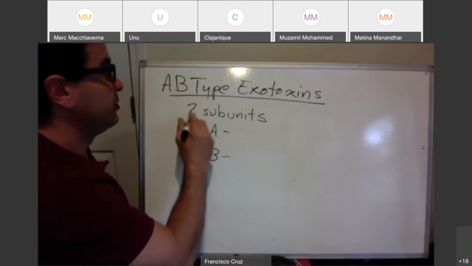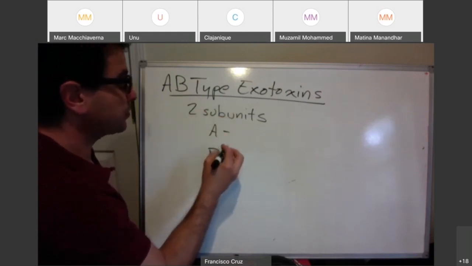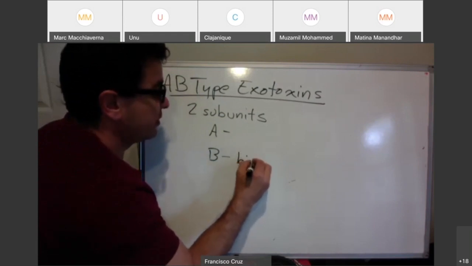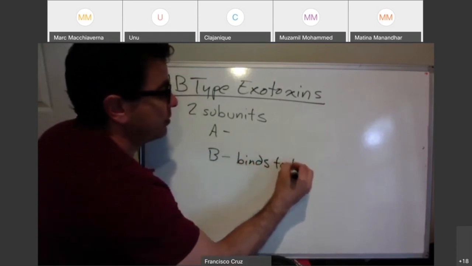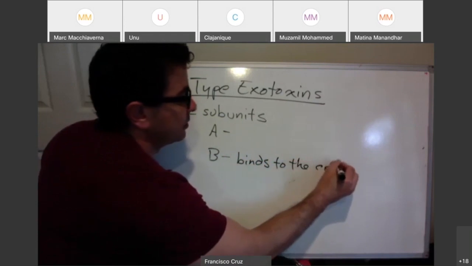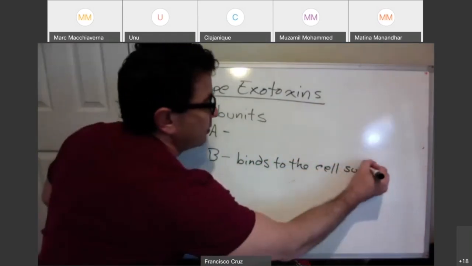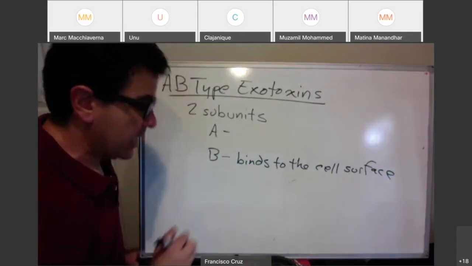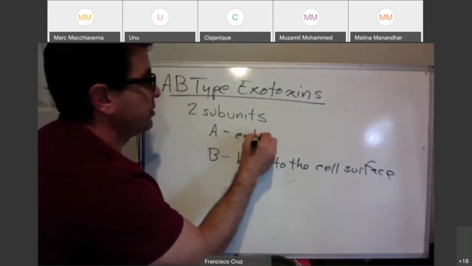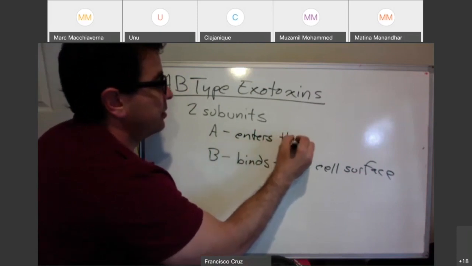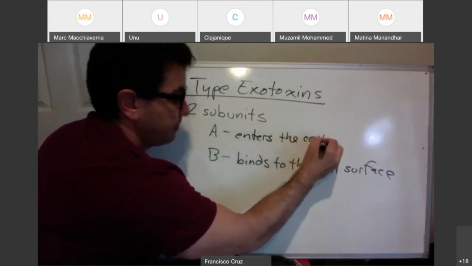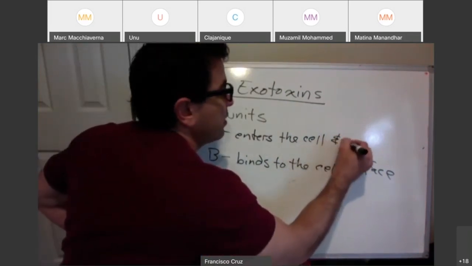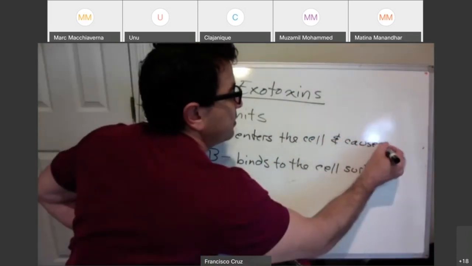Okay, so we have two subunits, A and B. B binds to the cell surface, and A enters the cell and causes damage.